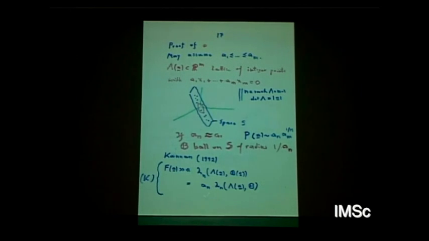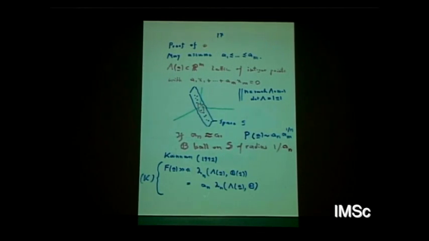Now, an should be bigger than a1, but if an is about a1, then p of a is about an times a1 to the 1 over n.